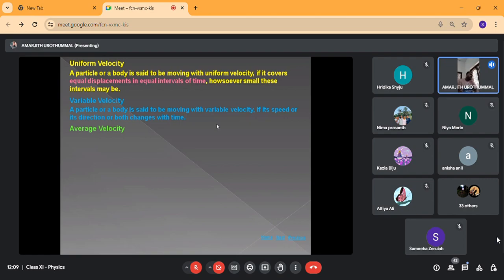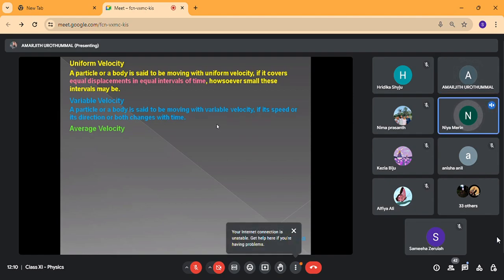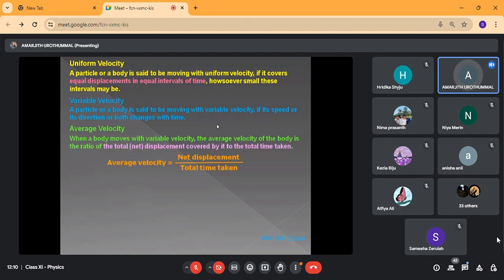Now, what will be the equation for average velocity? Anyone? Total displacement by total time interval. Exactly, correct. Total displacement divided by total time taken. Total displacement divided by total time taken is the average velocity.